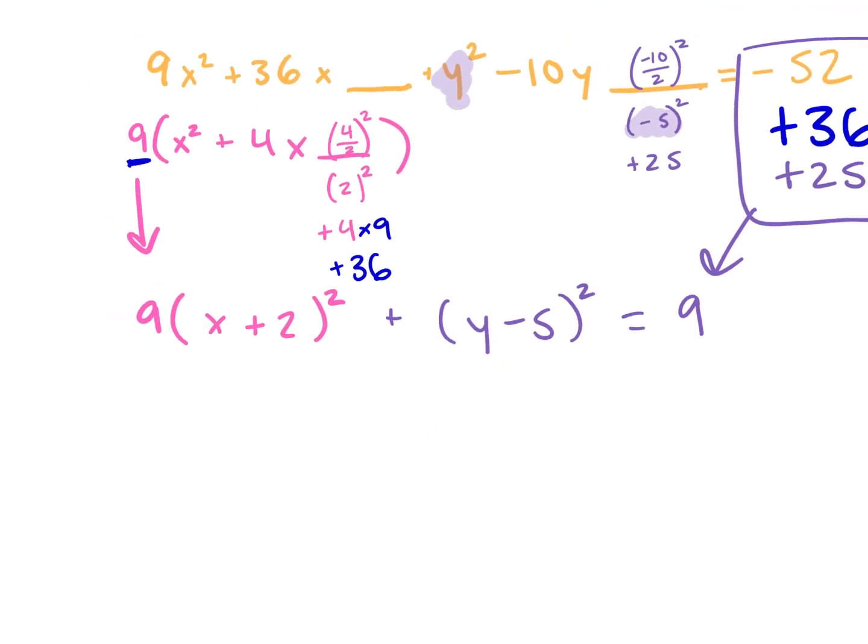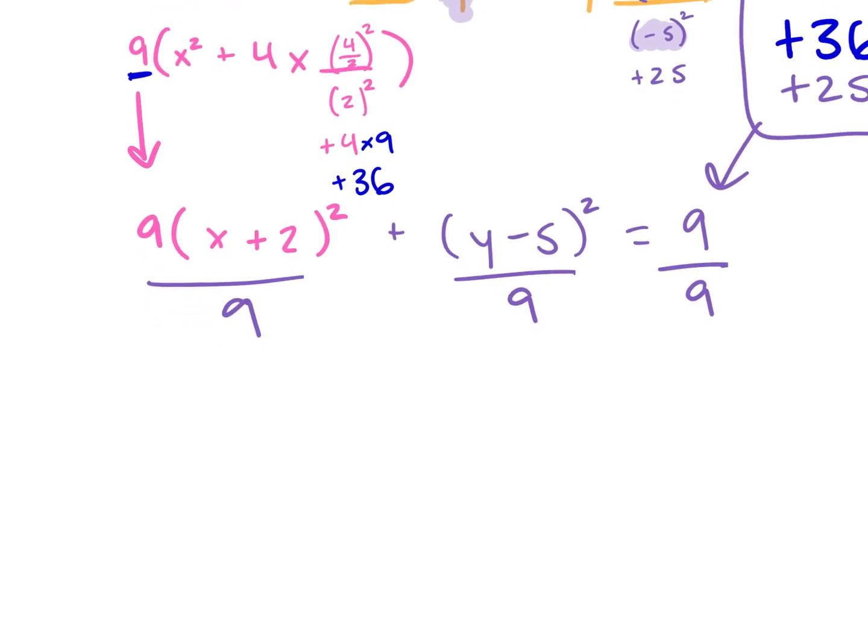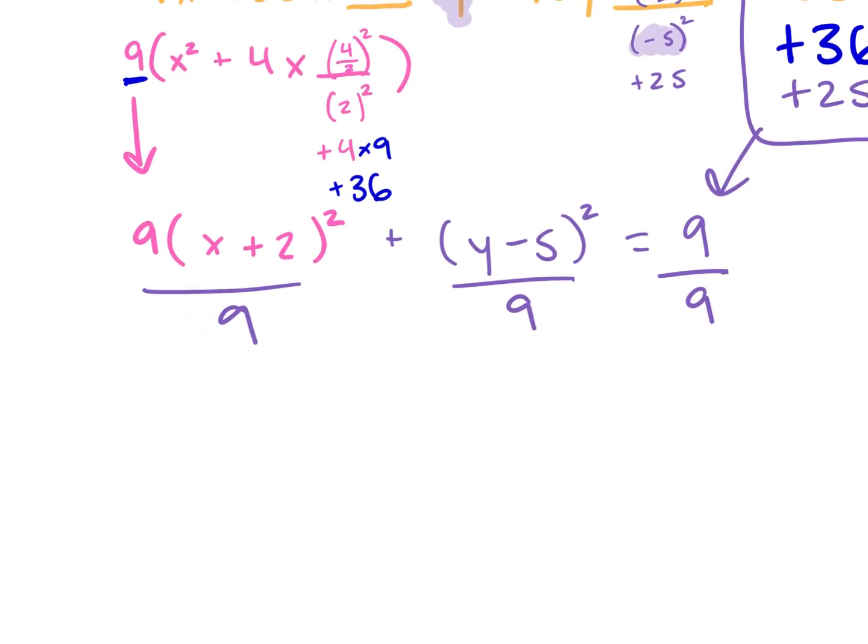And then what do I need to do? Divide everything by 9. So in my x's here, the 9's will cancel. So that's x plus 2 squared. If you wanted to, you could say x plus 2 over 1, but you don't need to.